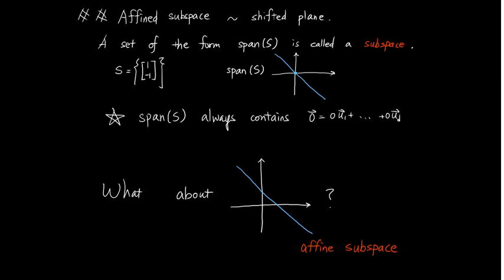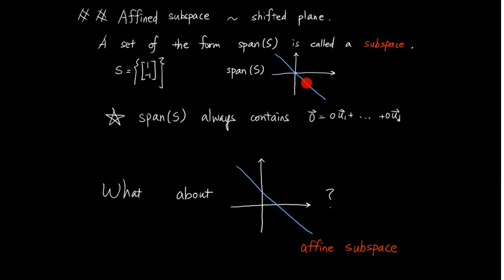So for example, if there is a set called S, and this set contains only one vector, 1 minus 1, then you can consider span S, which is the straight line in this blue area. You have the 0 vector, which is 0 times this vector.